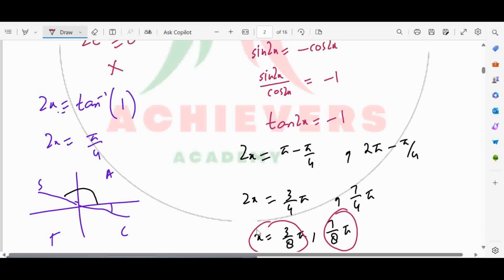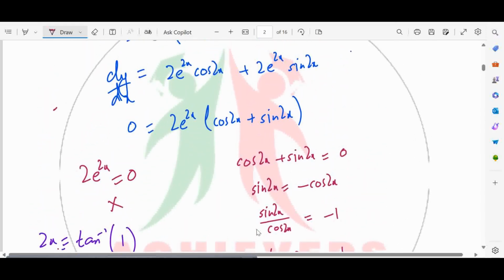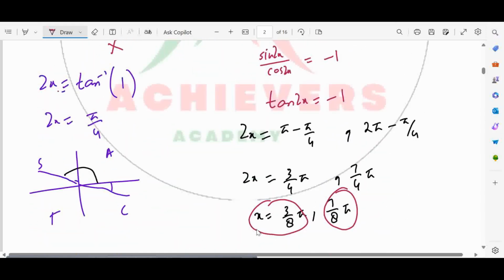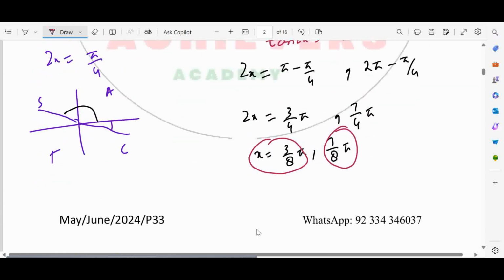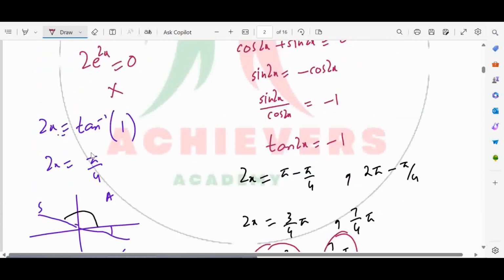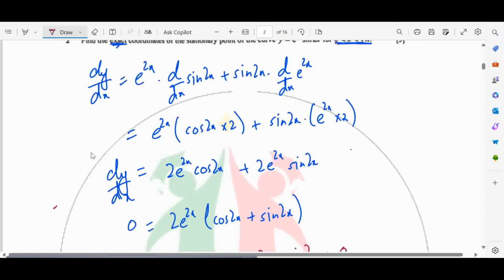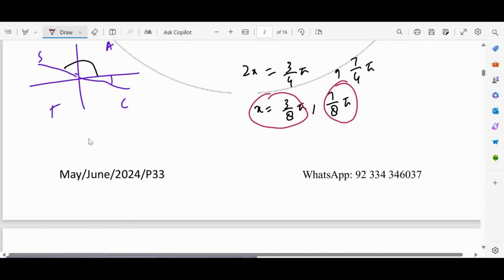Now let's find the y coordinate. For the y coordinate, just put 3 by 8 pi in the first equation. So y will be equal to e power 3 by 8 pi, and then sine of 2x.